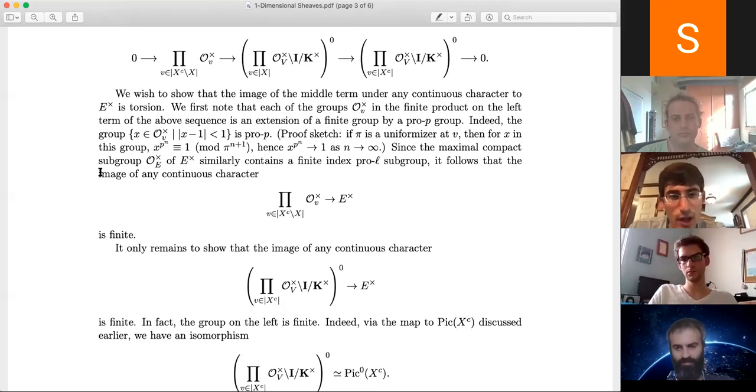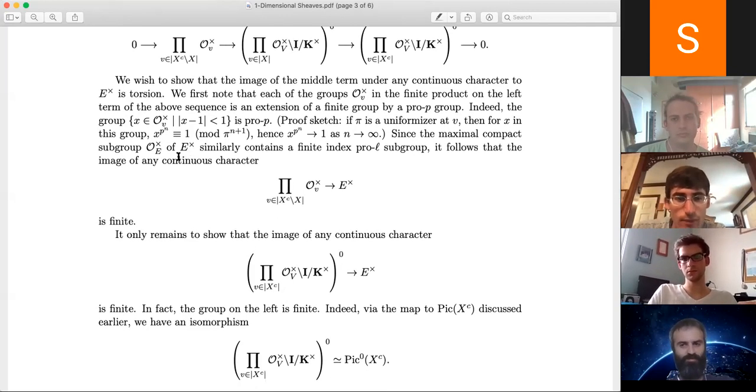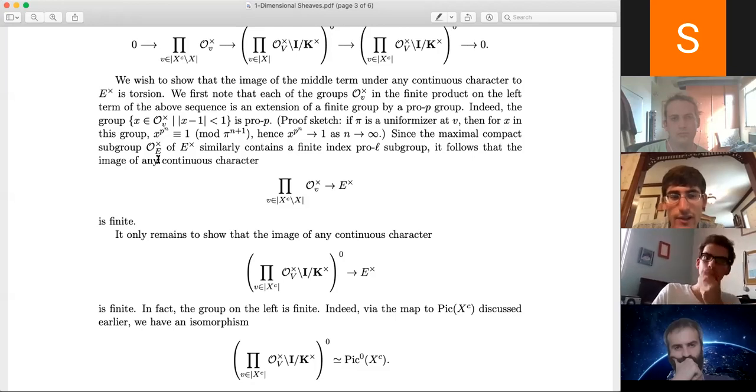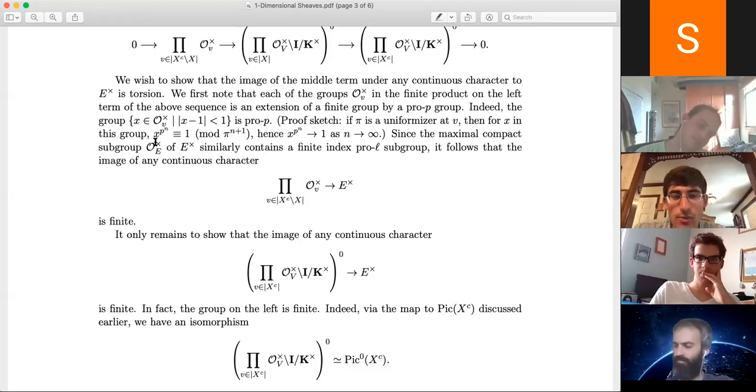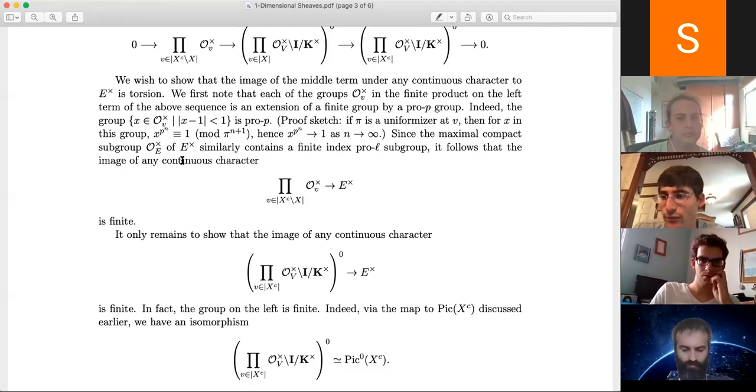Okay. And similarly, E cross is basically pro-l. More precisely, if you look at the maximal compact subgroup of it, O_E cross, the group of units, that contains a finite index pro-l subgroup. And why is that? That's because of the logarithm, once again. You have an open subgroup of this that maps isomorphically via the logarithm to an open subgroup of the additive group O_E, which is pro-l.